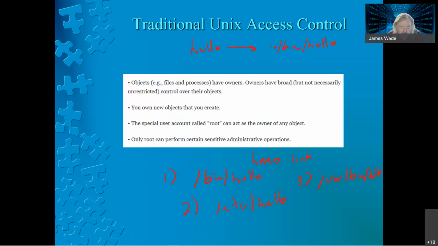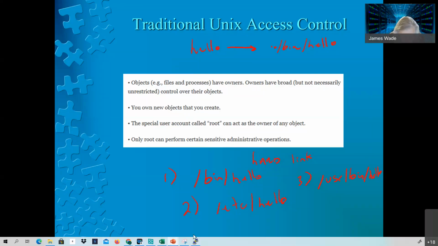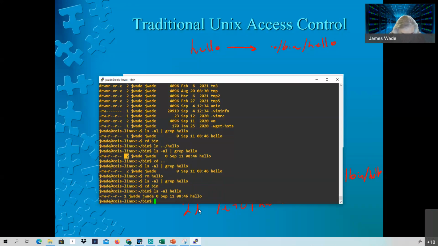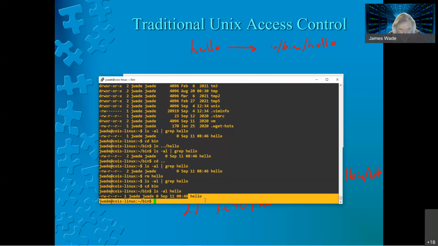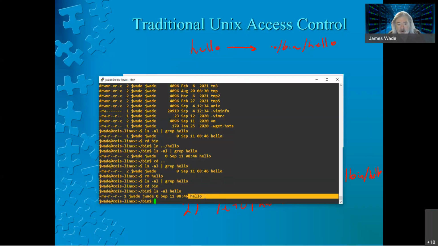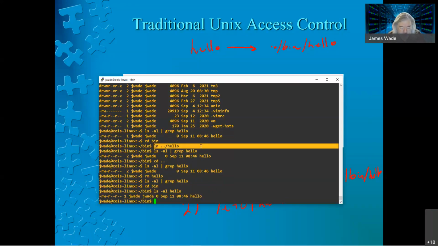We don't really see it, but hello has a unique inode. And when I do a hard link to it, like I did up here, the operating system is just keeping track of where that inode is located, in this case, in multiple locations.